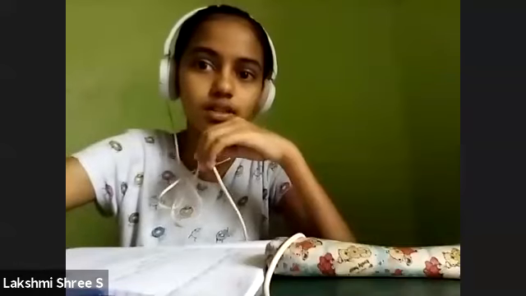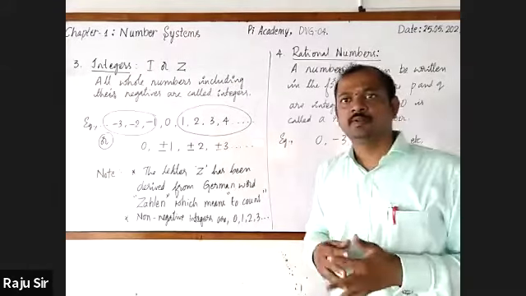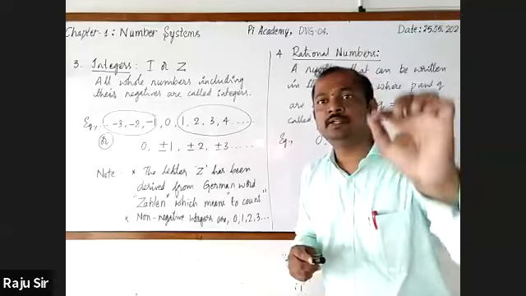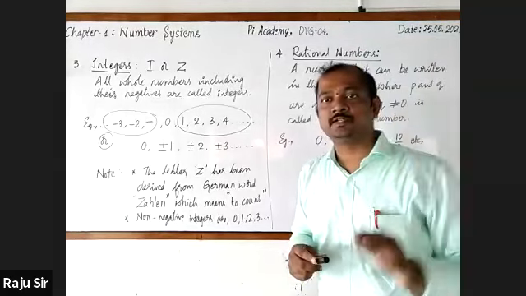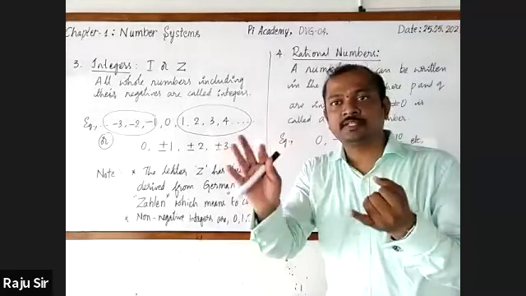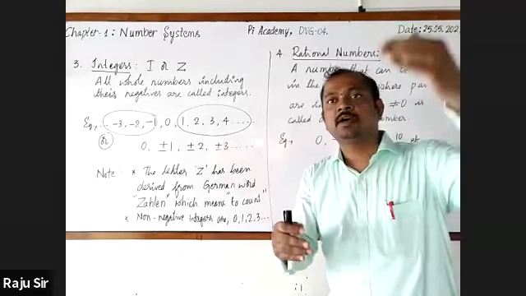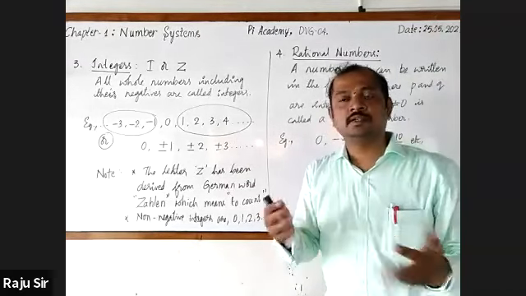No, sir. Can a negative integer come as a numerator and a positive as the denominator? That is also fine. The condition is P and Q should be integers, maybe positive integers, maybe negative integers, or one positive and the other negative.